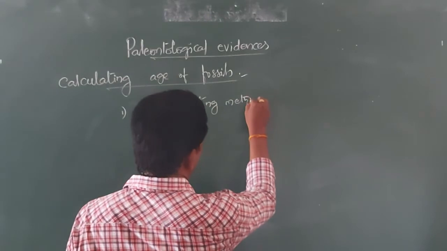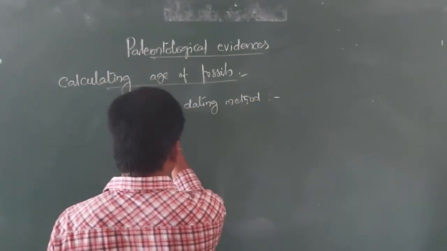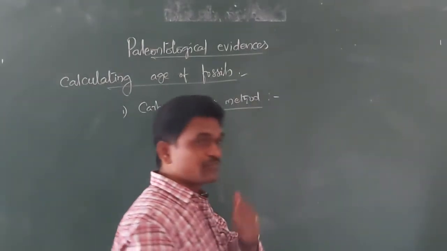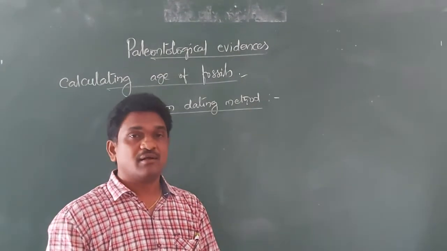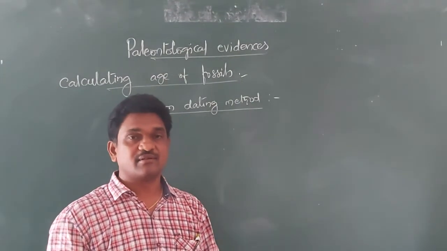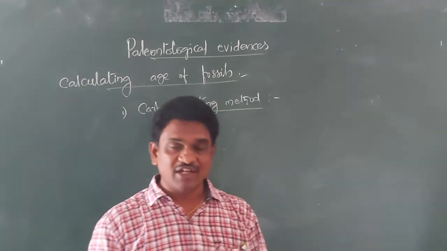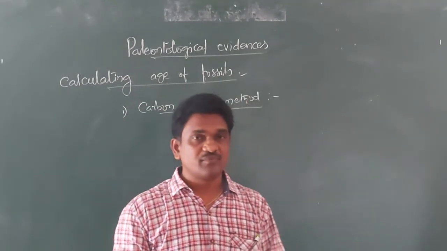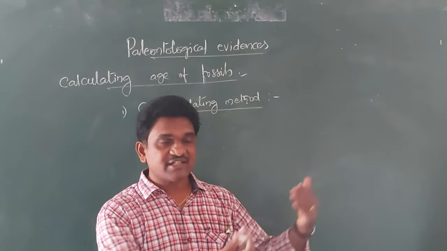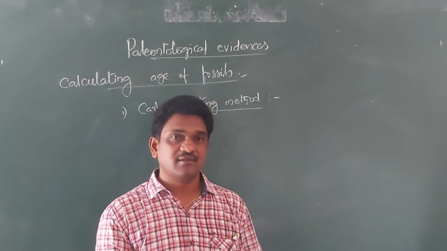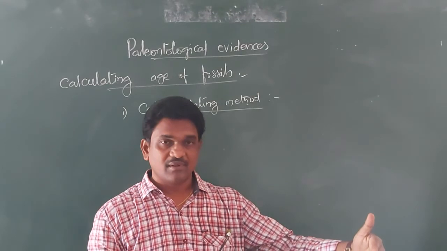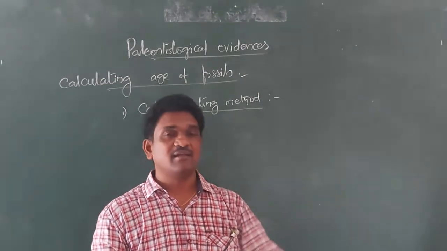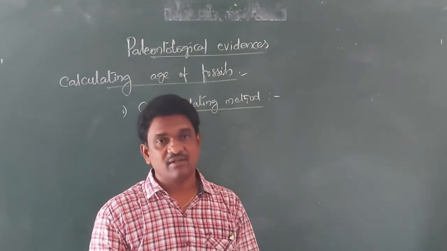In this method, first you have to understand that in every living organism, carbon is present. Animals get carbon from plants. Plants prepare carbon in glucose by the radiant energy of the sun.